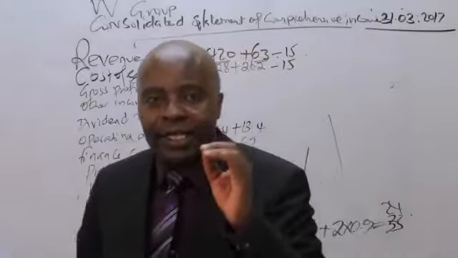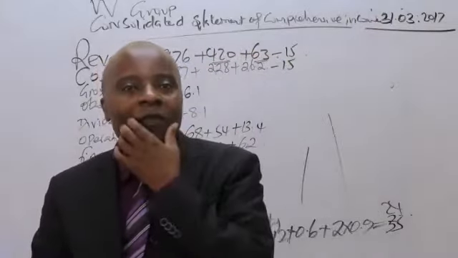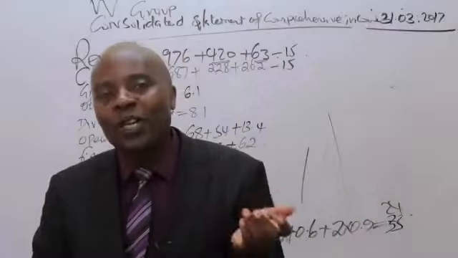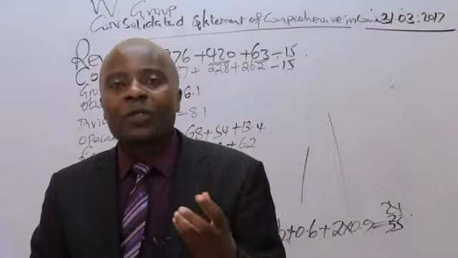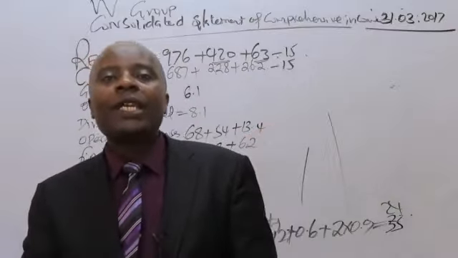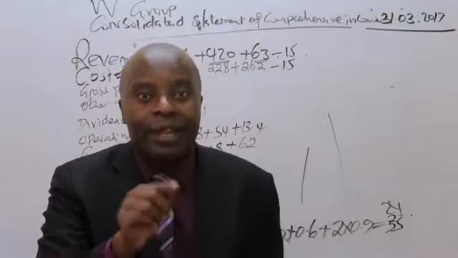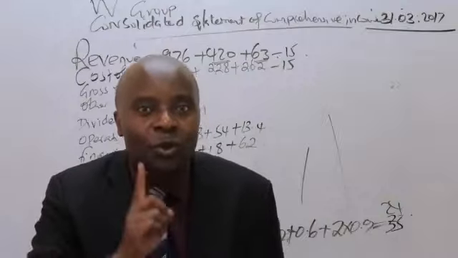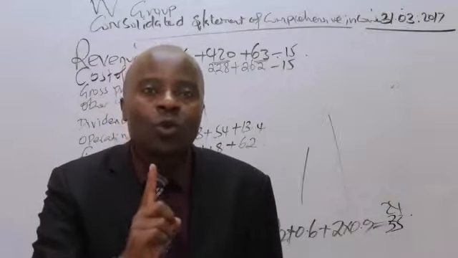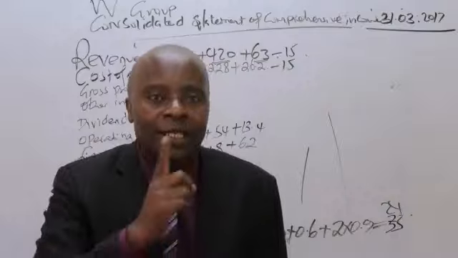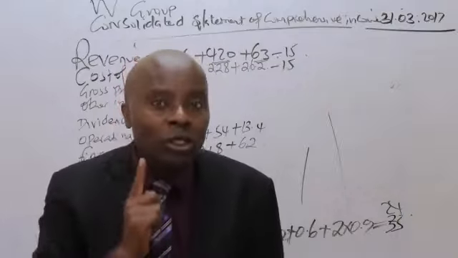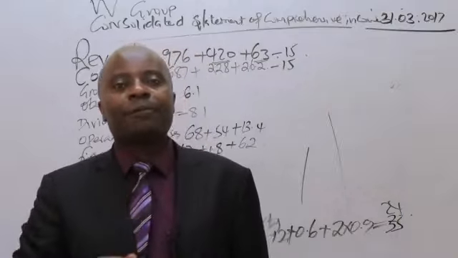The very first thing that you should always look for when looking at the group income statement is this: if there are any intra-sales, intra meaning internal, what should you do? Always go to the group sales, subtract, and the group cost of sales, subtract.